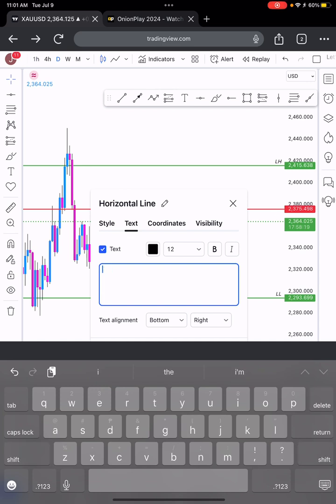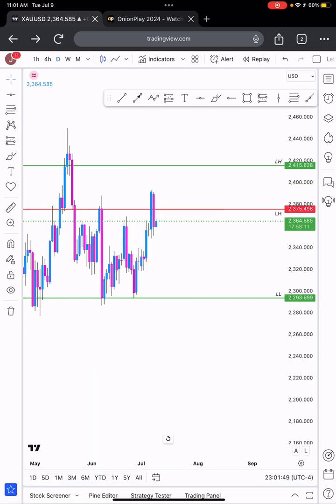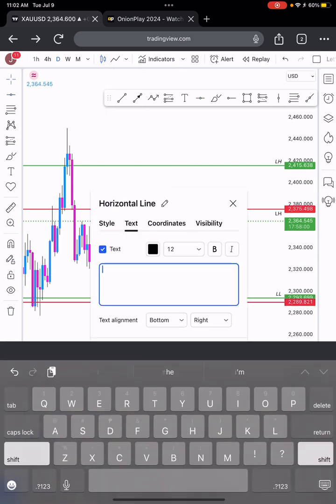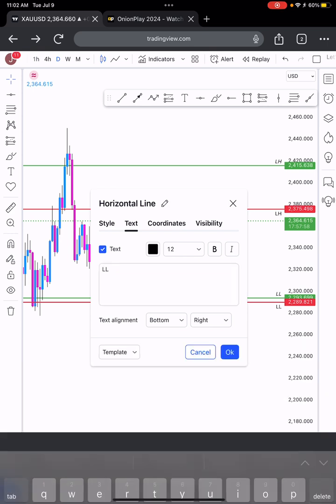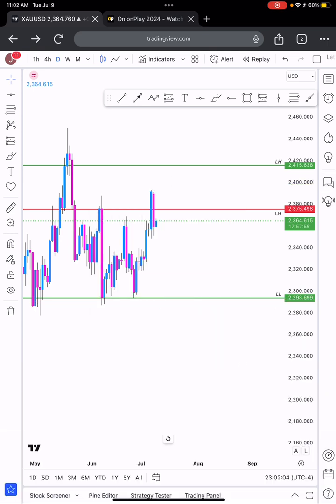Oops, sorry. Lower high. So this is the lower high. And then this is the lower low. Like this still stays the same, right? But I want to use this here. All right, let me just delete this one for a second.